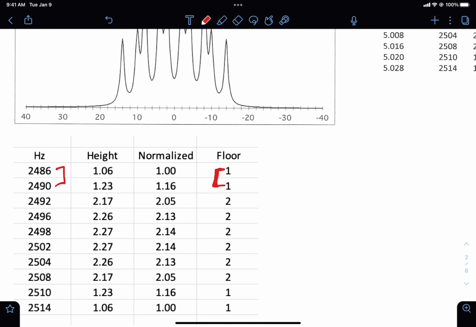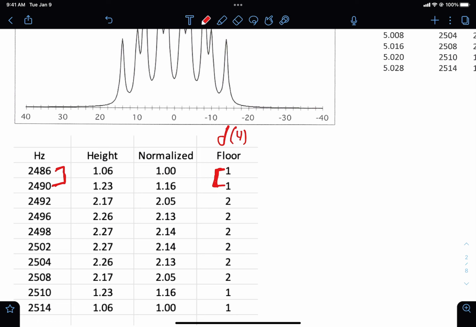So since our first pair here is a 1-to-1 pair with a separation of 4, we are going to look for all doublets with a coupling constant of 4. And we're just going to go through and note what those are for the moment. So first, we have a 1-to-1 at 4.